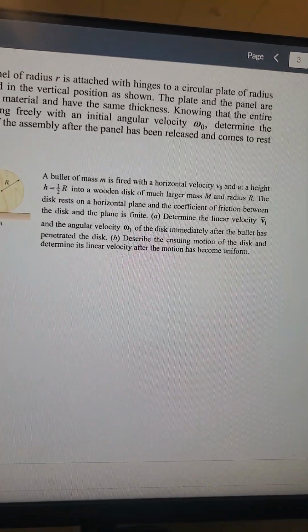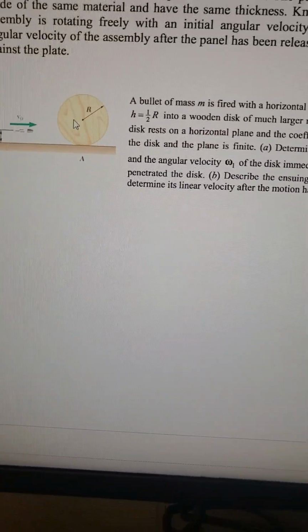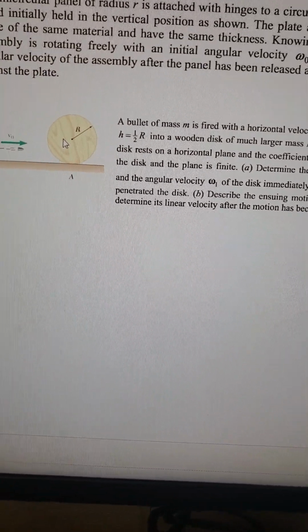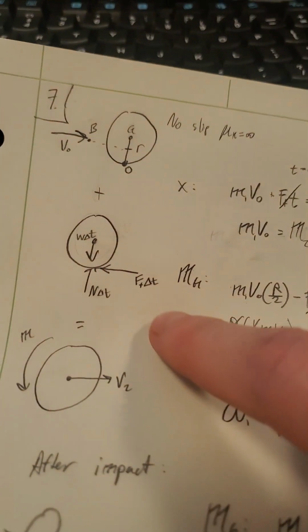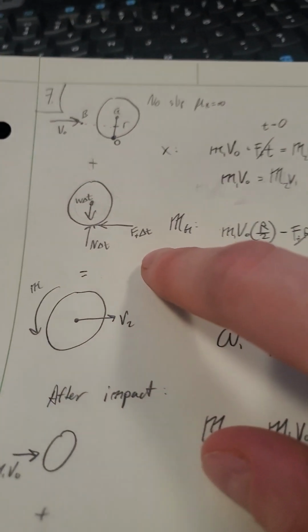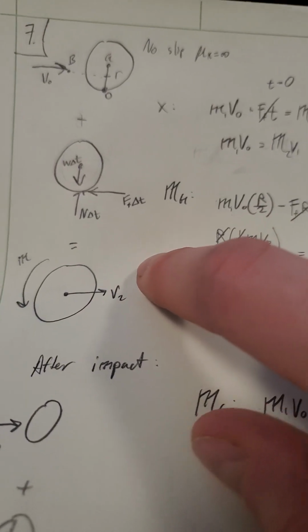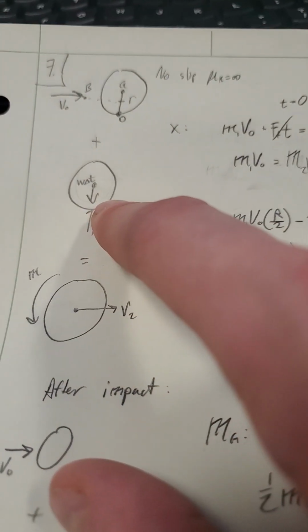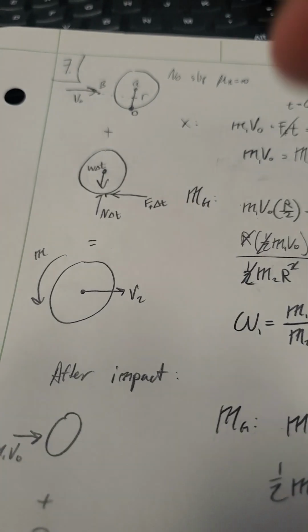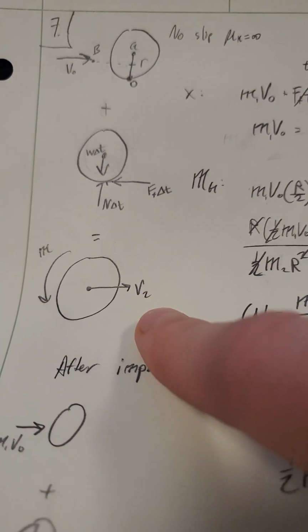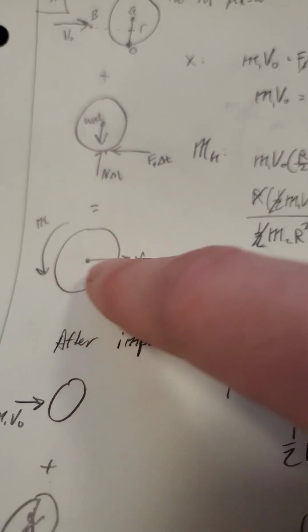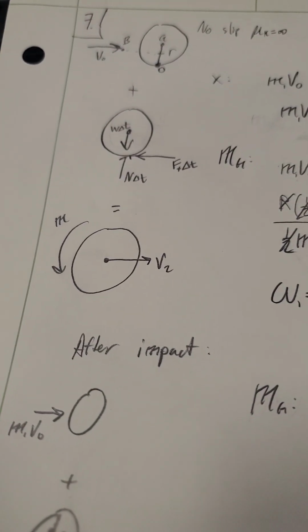So you have to solve for this essentially twice, so 2 iterations. The first iteration is the bullet hits the ball or the disc, and it's going to push it in the right direction, but it's going to cause a moment in the other direction.